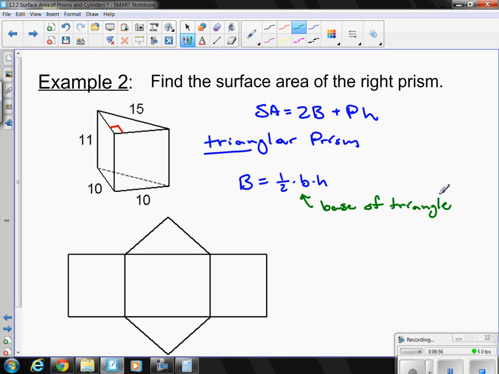It's different than the capital B. This is the base area of the prism. Now this formula will change. I get a lot of people confused. The formula changes depending on the base.